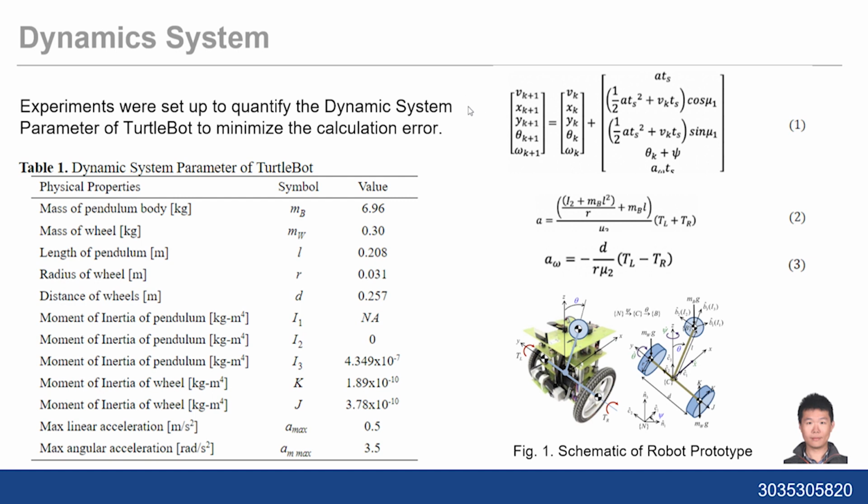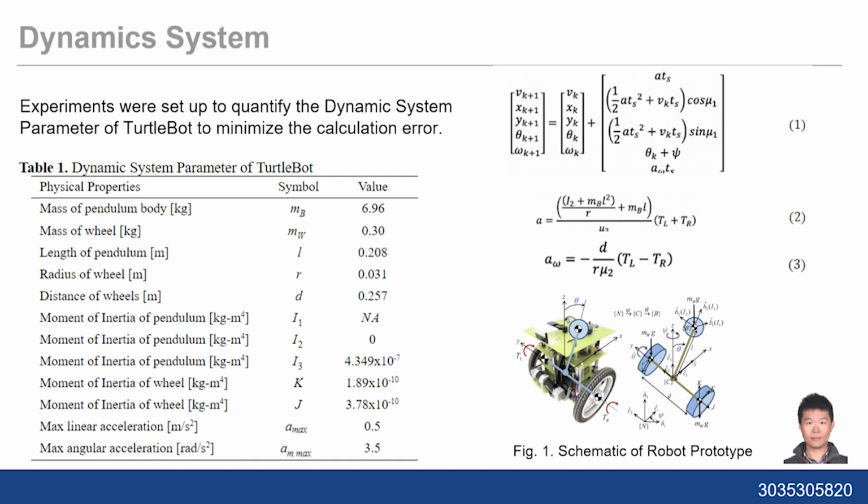Our dynamic system in Figure 1 is based on the general dynamic model of wheeled robots. We set up an experiment to measure the physical properties like the mass, the moment of inertia, and the maximum acceleration limitation. Based on the dynamic model of the TWIP, we can get the equation of motion from time k to time k plus 1, where the state vector is x, v, y, theta. v is the linear velocity of the Turtlebot, x and y are the position of the center of mass, and theta is the angle.